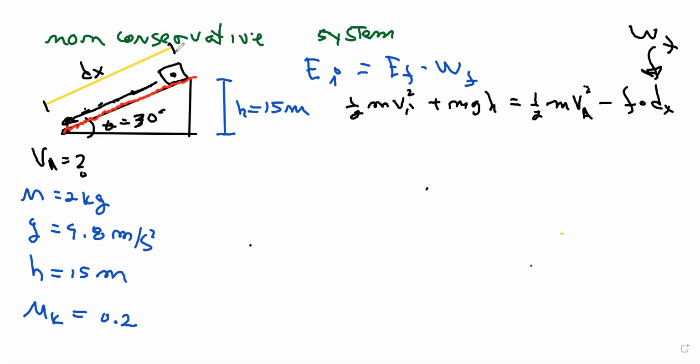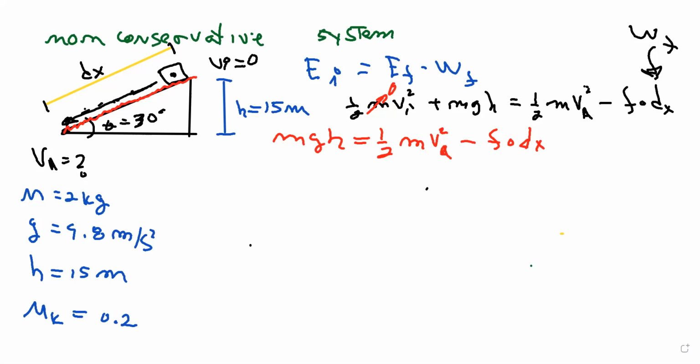The initial velocity is going to be 0 because this guy is going to start from rest. So this term cancels out, and you only have mgh equal to 1/2 of the mass times the velocity at point A, which is what you want, minus the friction times the displacement in the x direction.